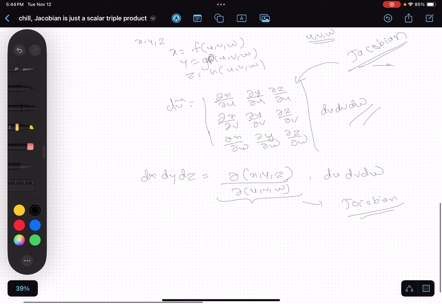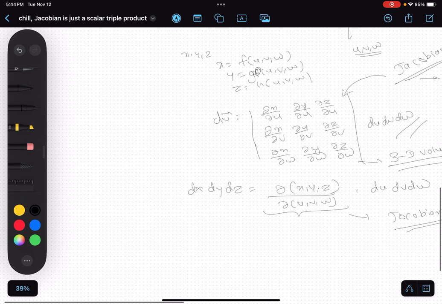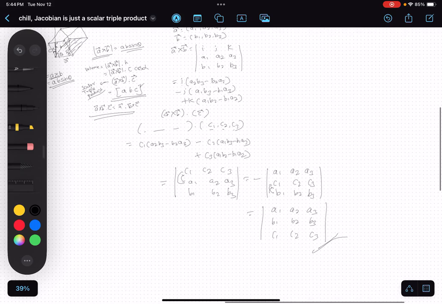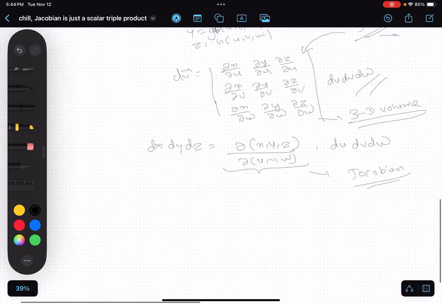And yeah, we showed you that this is just the 3D volume, right? Just a triple cross product. Now in this 3D case, it's 3D volume, and in the 2D case, that would just be 2D volume, which is also given by a determinant. To get that, if you take the magnitude of the cross product with 2D vectors, that also gives us a determinant, which I have shown in my previous video.